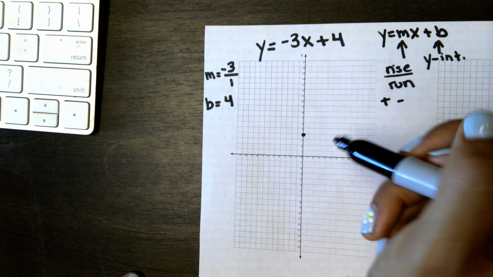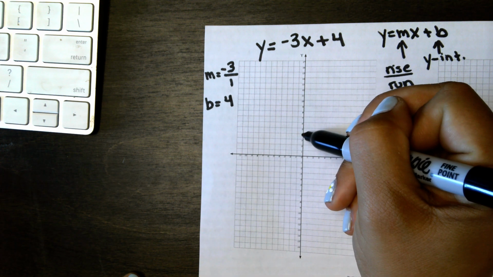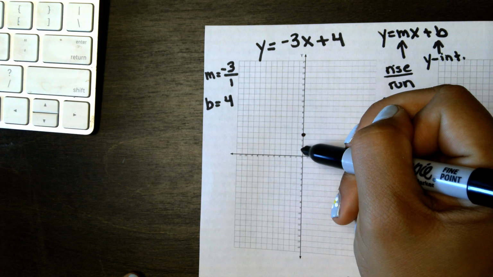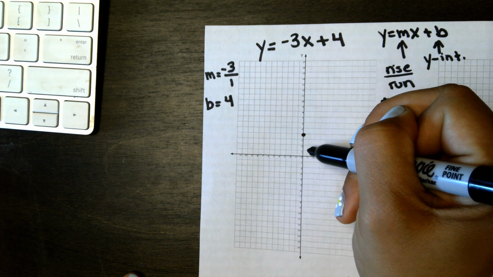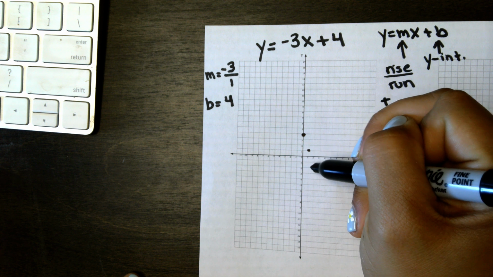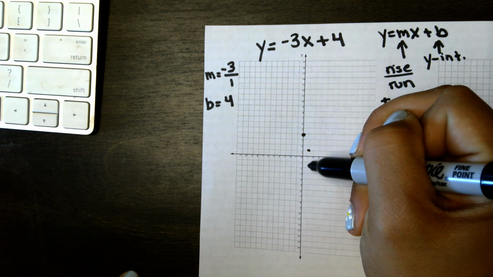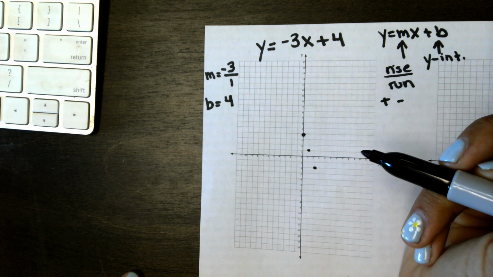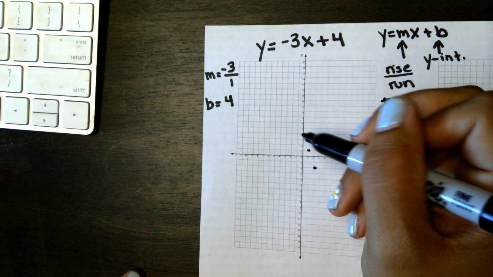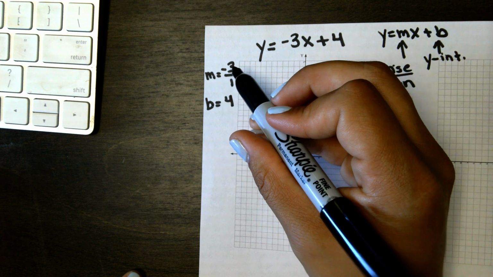So I'm going to start here. Because it's negative, I'm going to go down 3 to the right 1. I'm going to keep doing that. Down 3 to the right 1. And you can see what I'm getting here is a line with a negative slope of -3 over 1.